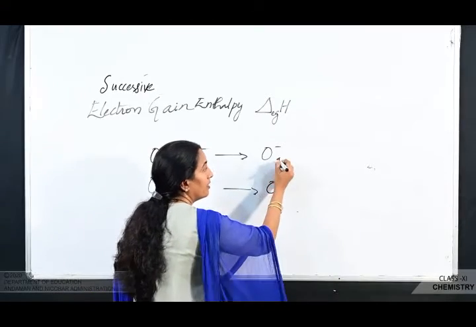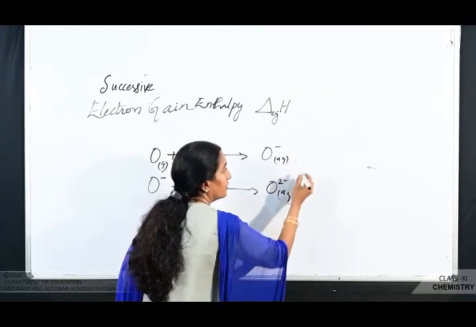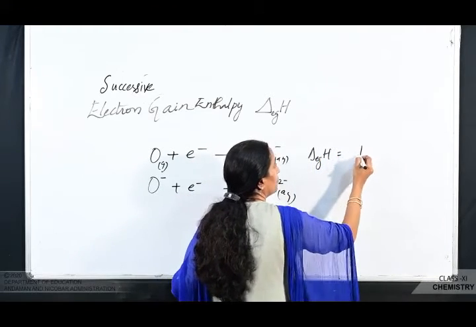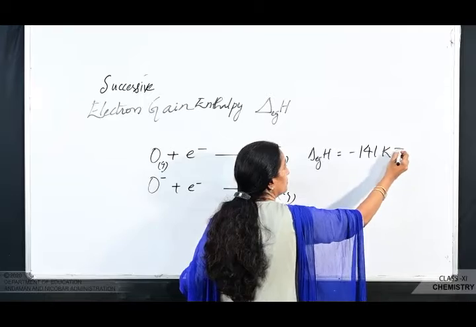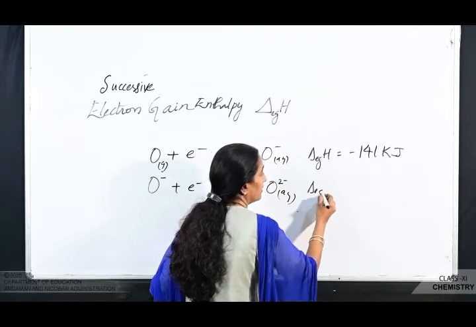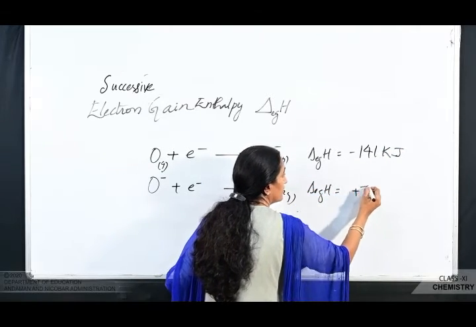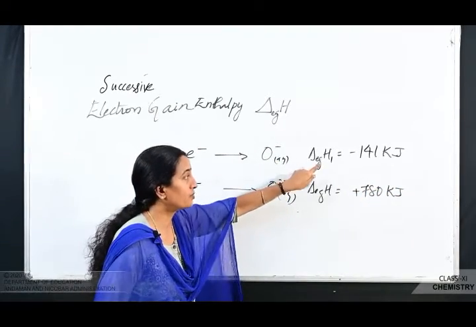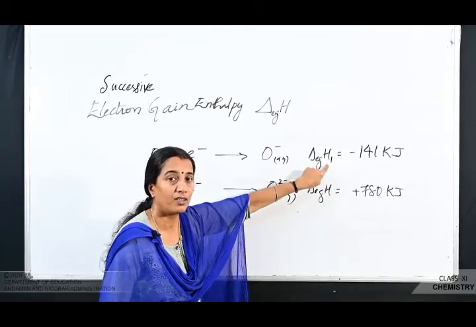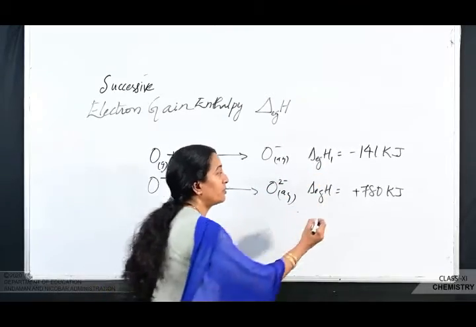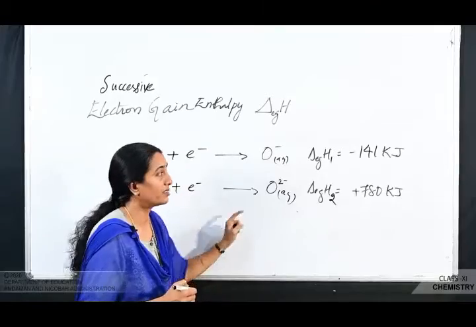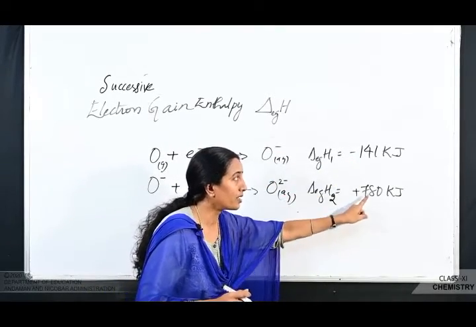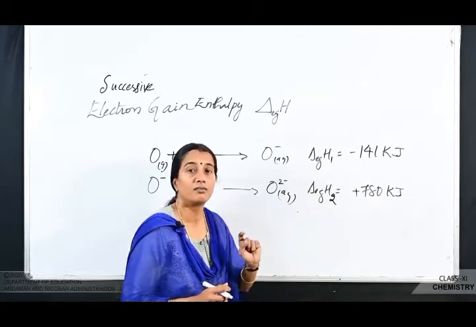The electron gain enthalpy for the first is equal to minus 141 kilojoule, and the electron gain enthalpy for this one is plus 780 kilojoule. This one is called the first electron gain enthalpy, this is the second electron gain enthalpy, and together these are called the successive electron gain enthalpies. You will find that here it is a negative value, here it is a positive value.